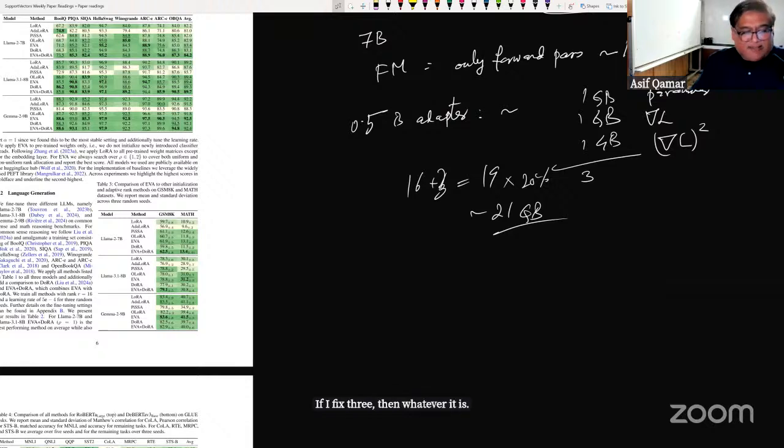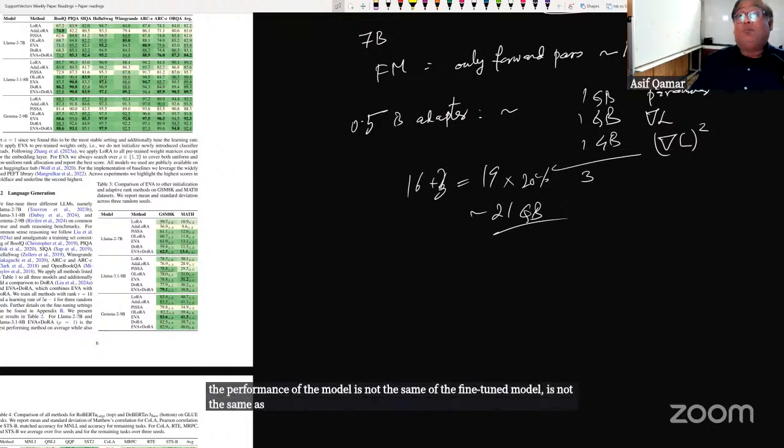When you do that, if the rank is not sufficient to capture the semantics of your fine-tuned data, the performance of the fine-tuned model is not the same as if you would have fine-tuned the whole model and avoided catastrophic forgetting.